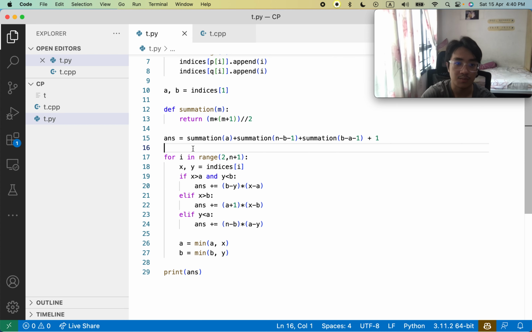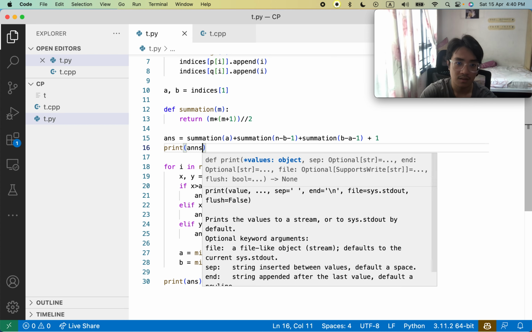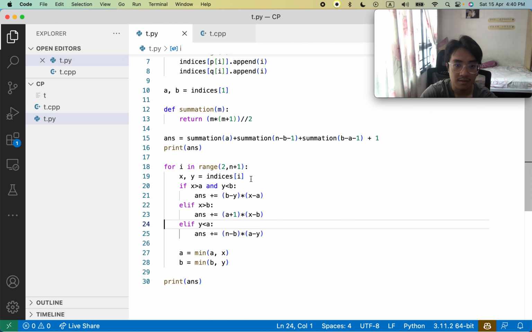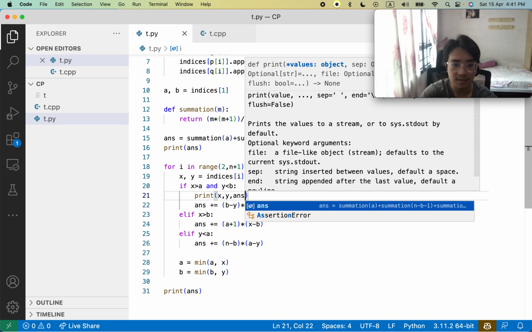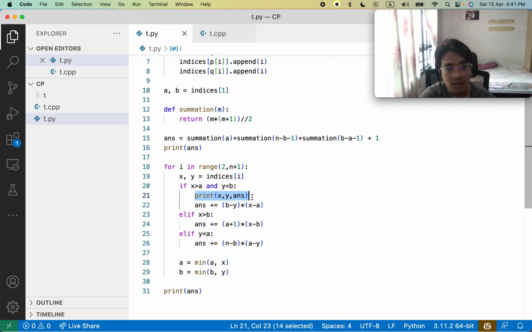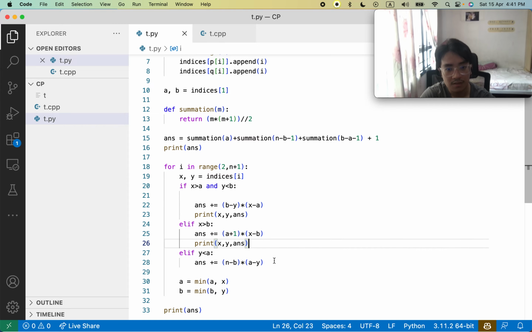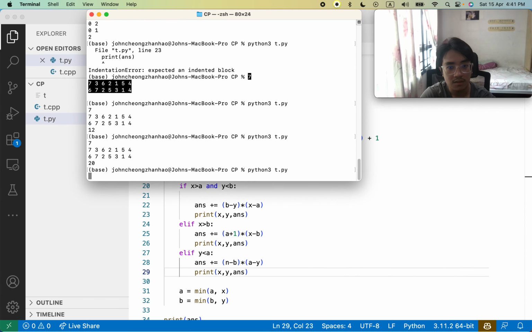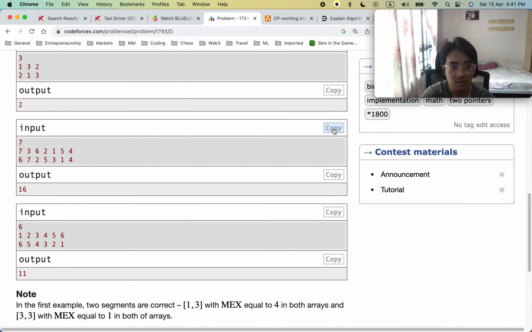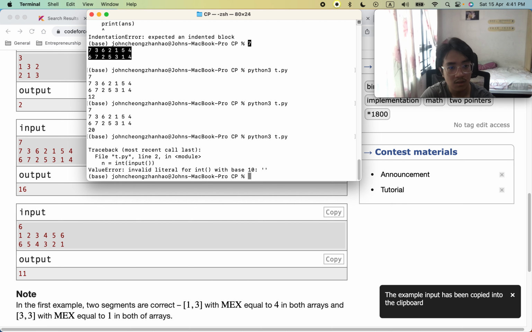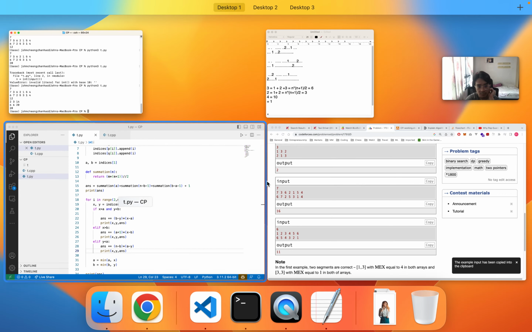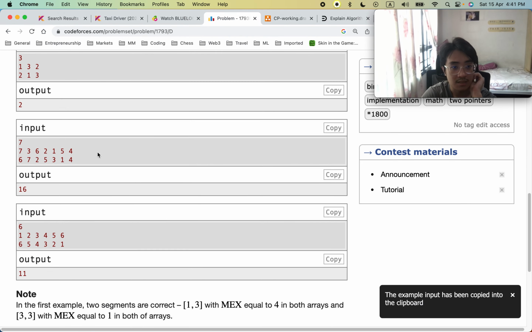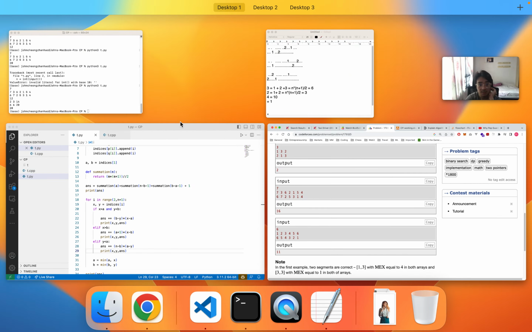So let's print this answer here, print x, y, and answer maybe here. Okay, so 12, 14, and when you're at 6, 6, it suddenly becomes 20. So you're talking about these values here.